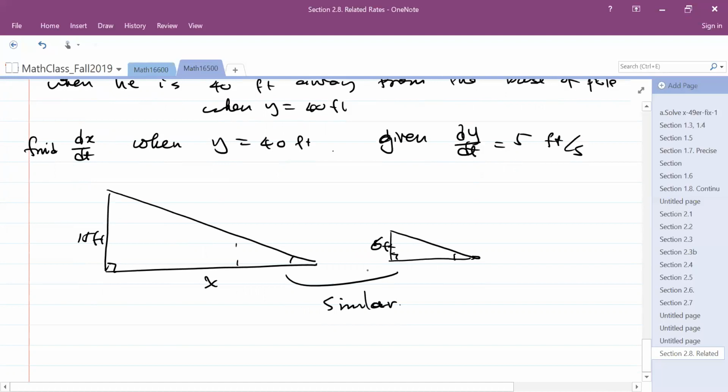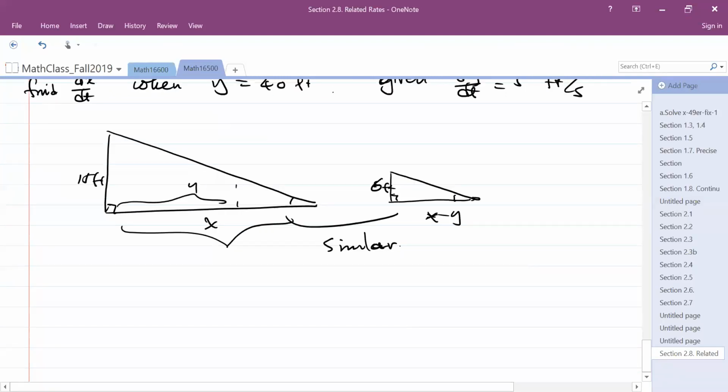Okay, so here I have x total. What is this part? That is actually the difference, x minus y, because this part is y, that part is x, so x minus y. So you mark it clearly. Now, according to the formula, the ratio of the corresponding side, x minus y, over the base x should be equal to 6 over 15.